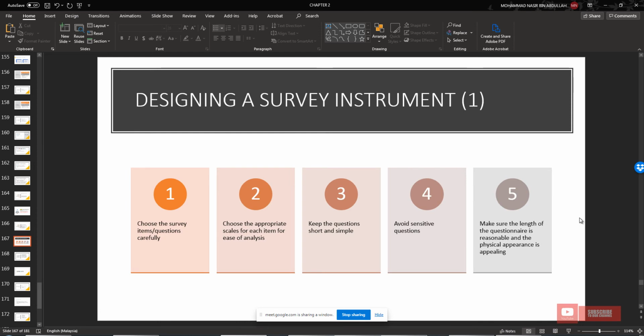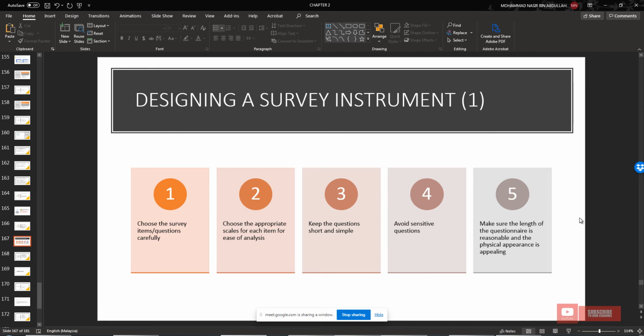So beginning a survey instrument, right? We need to choose survey items and the questionnaire carefully. Second, choose the appropriate scales for each item and for ease of analysis.